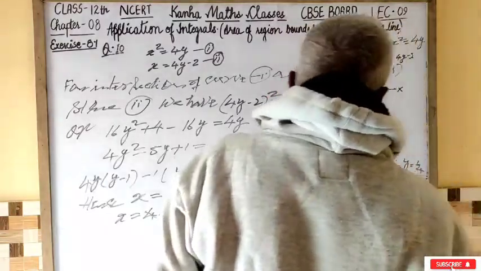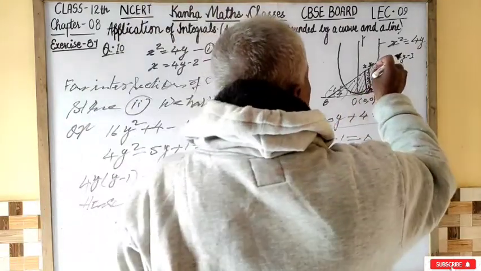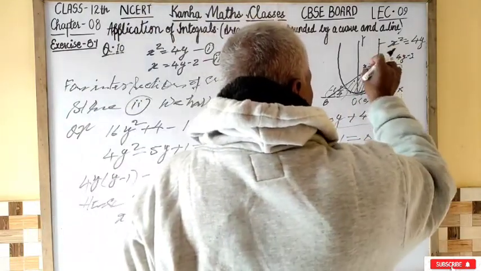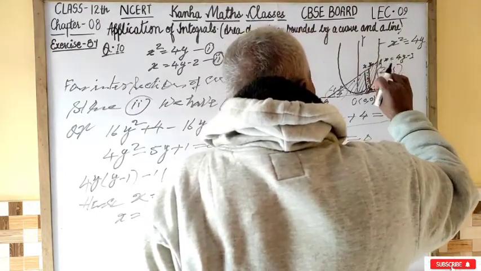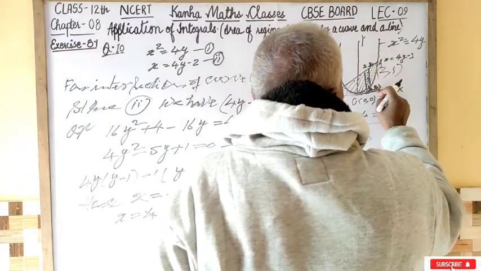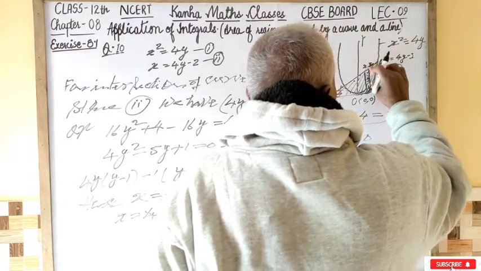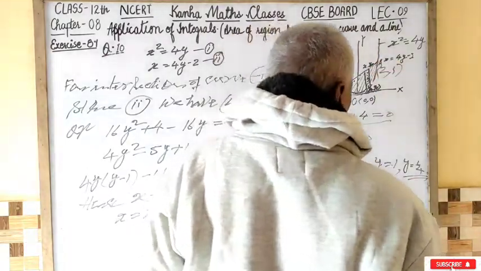Now if you take a small and narrow strip and imagine the y ordinate y2 upon y1, the requisite strip length will be equal to y2 minus y1.